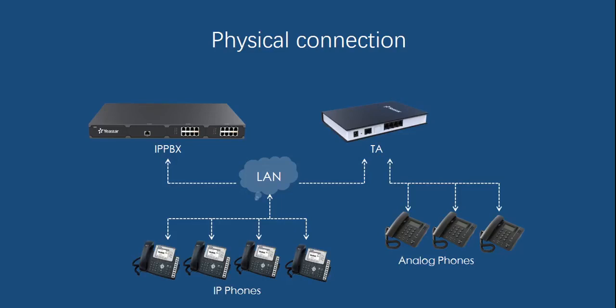So this is the physical connection. This is pretty easy, and the hard part is the configuration part, and that's what we are going to be mainly focused on today.